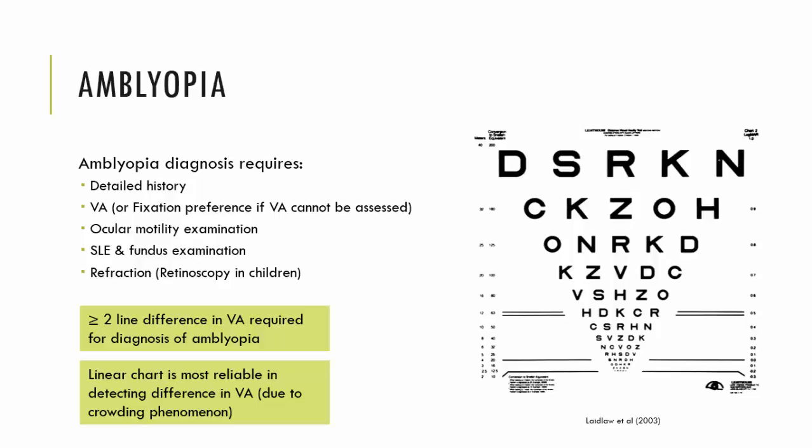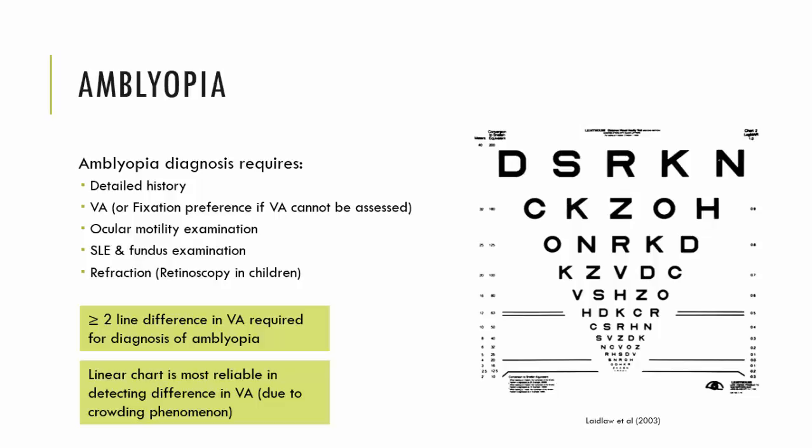So in the presence of deprivation amblyopia, you actually have two things occurring in that instance. You have the pathology itself, which is contributing to the reduction in vision, and you have amblyopia, which is the cortical changes. Now, in order to work out what portion of the reduction in vision is related to amblyopia and what proportion is related to the pathology, you'd have to be able to remove the pathology.